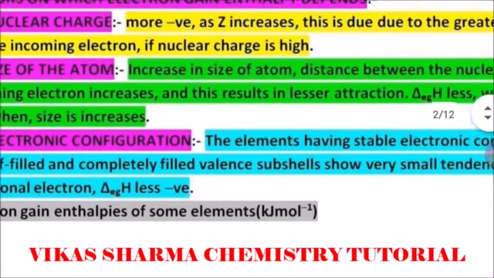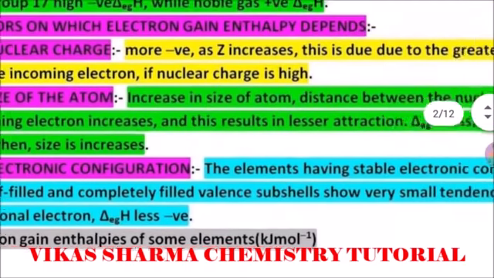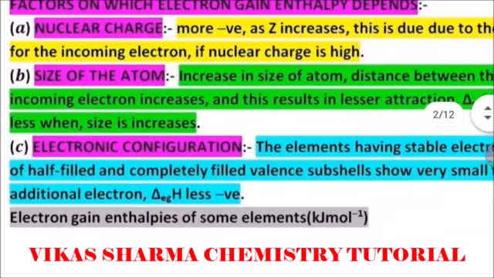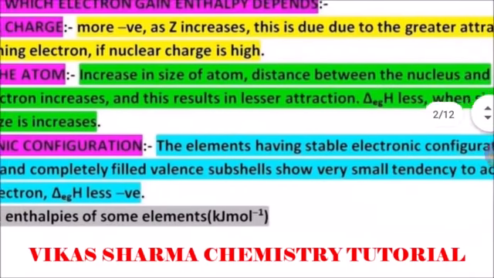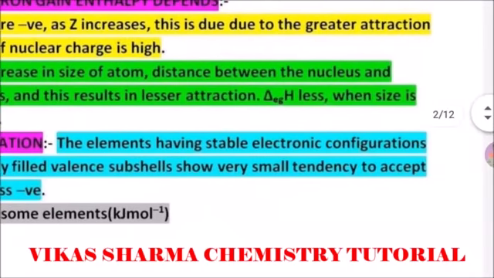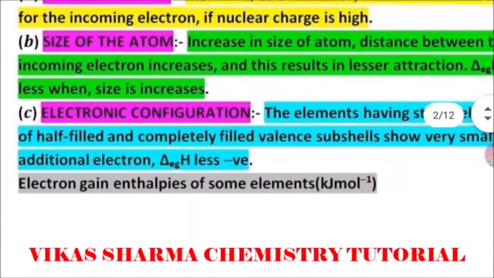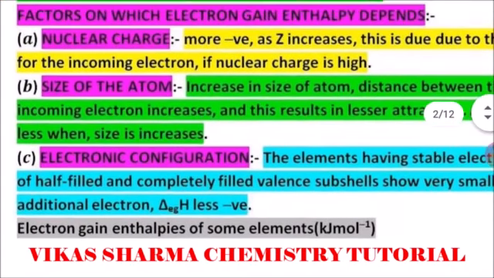The size of the atom is also a factor. As the size of the atom increases, the distance between the nucleus and the incoming electron increases, and this results in less attraction. So ΔegH is more negative when size is less. When the size of an atom increases, it is difficult to attract electrons, so the ΔegH value becomes more positive.